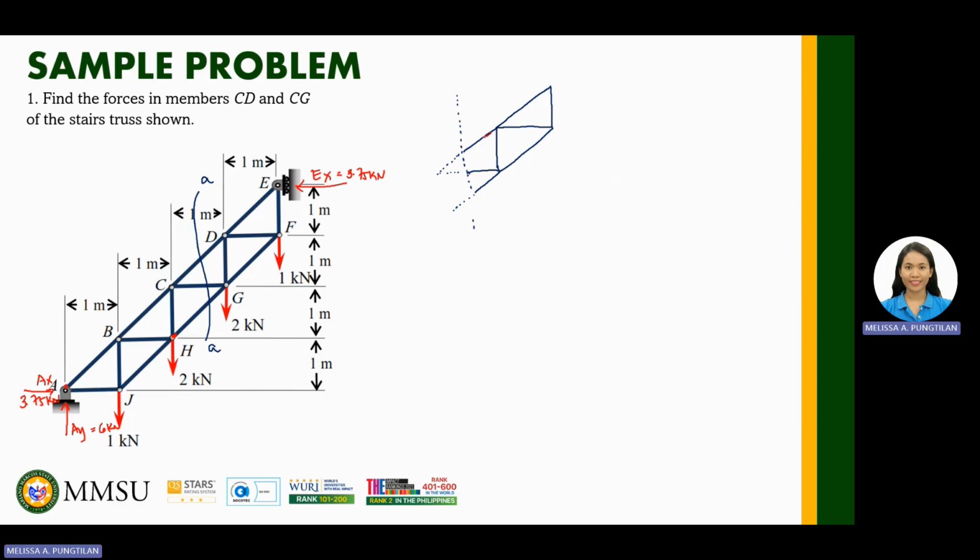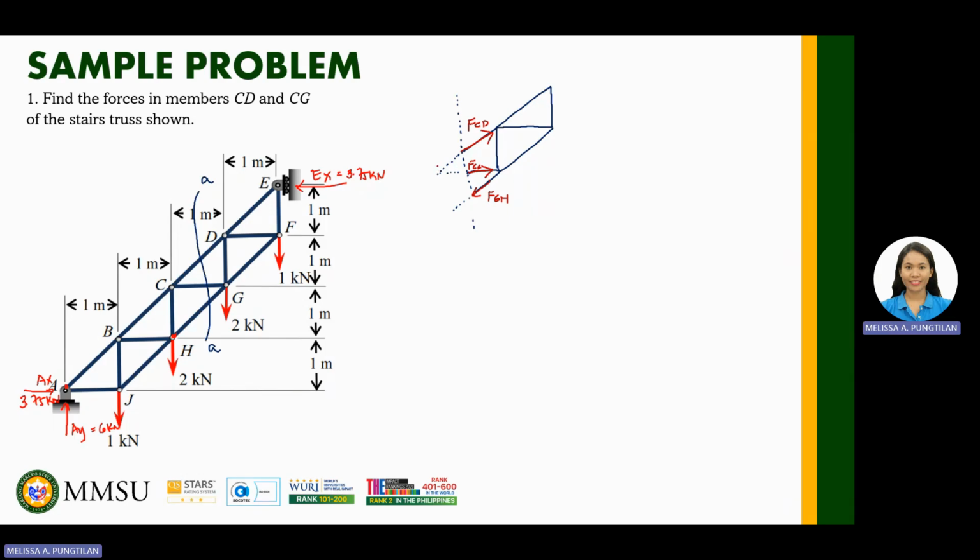Okay. So, dito, magkakaroon tayo ngayon ng mga assumption sa direction ng ating forces. Again, assumption lang tong mga direction ng forces natin. So, for this one, tatawagin nating FGH. Tapos, ito naman yung FCD and FCG.